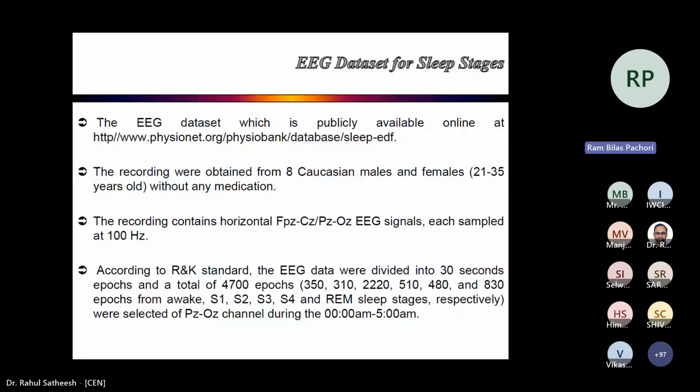Epoch means a segment. So 30 seconds is the size of the segment. It is like a window, an interval of this EEG signal. You cannot take the entire EEG signal, so you divide the signal into different epochs.